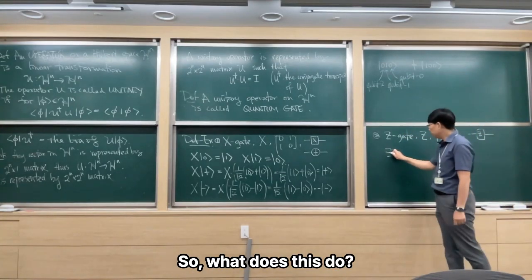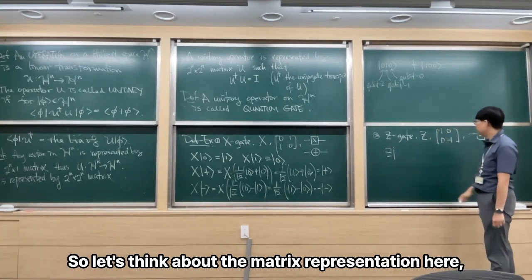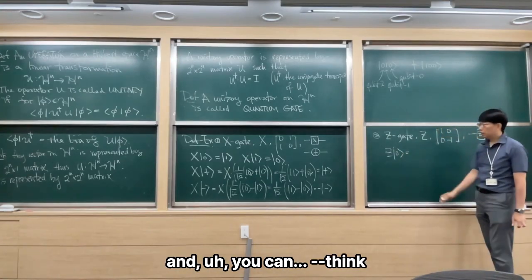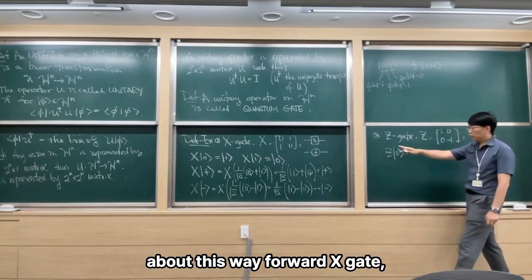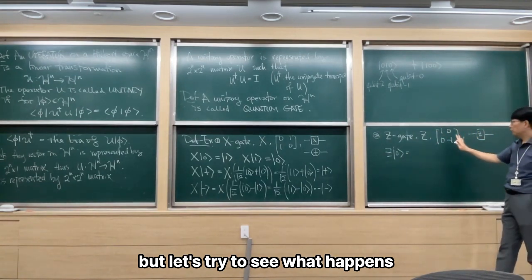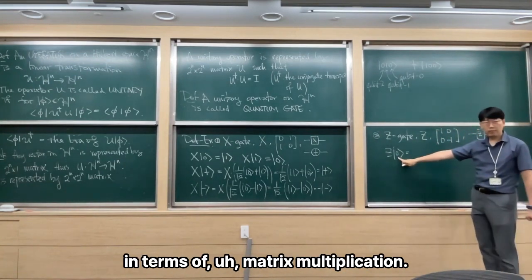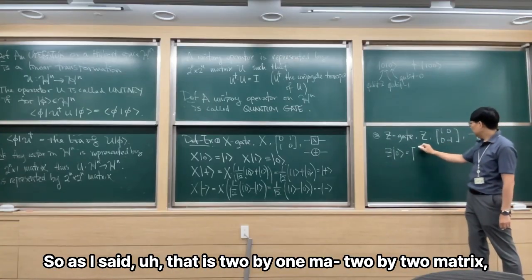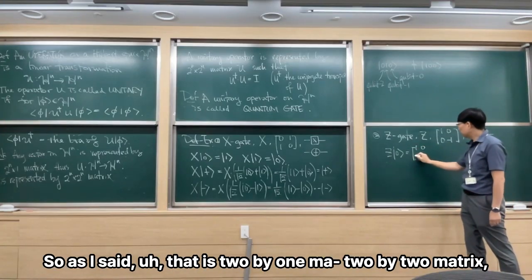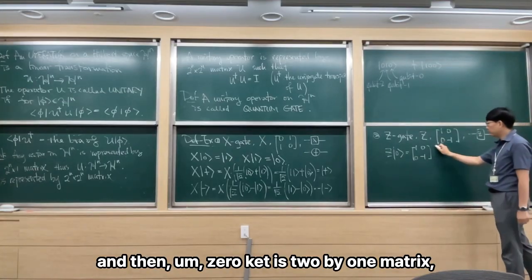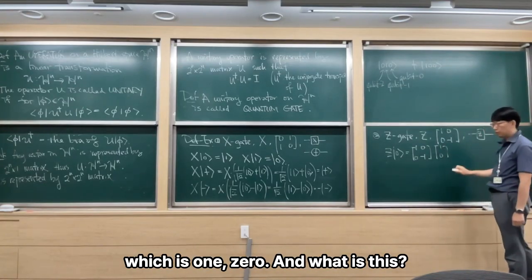So what does this do? Let's think about the matrix representation here. You can think about it this way for the X gate, but let's try to see what happens when I apply Z to the 0 ket in terms of matrix multiplication. As I said, that is a 2 by 2 matrix, and 0 ket is a 2 by 1 matrix, which is 1, 0.